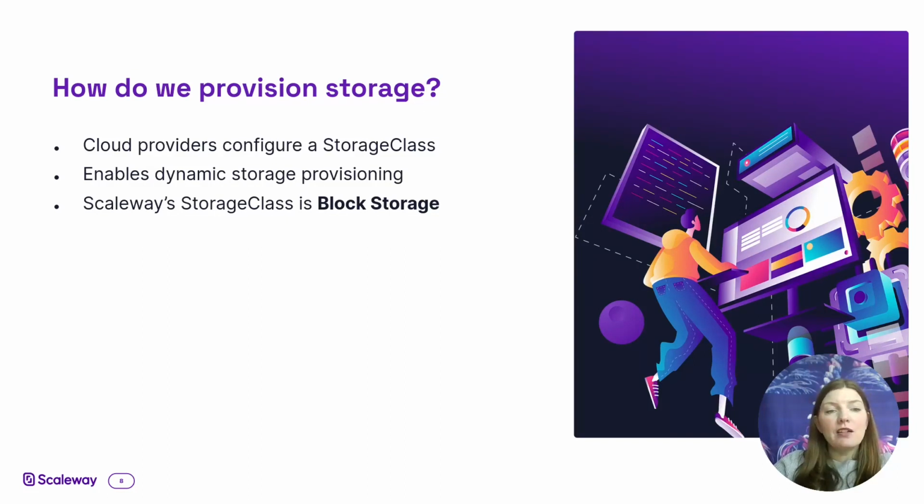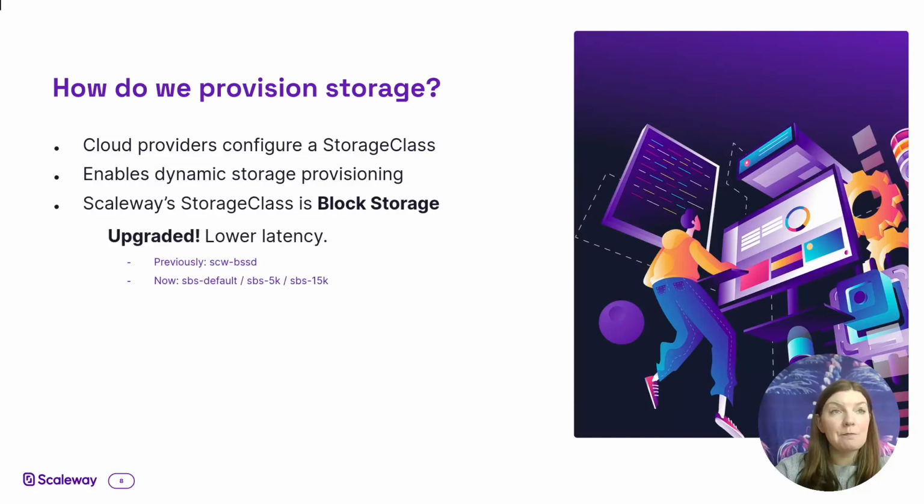Note that if you are a more advanced user, you can also create your own storage classes to specify custom storage and or custom parameters. I'll put the link to the doc in the description below for this, but it's outside the scope of this video. One thing I'll mention is that Scaleway has upgraded the block storage that our storage class uses.